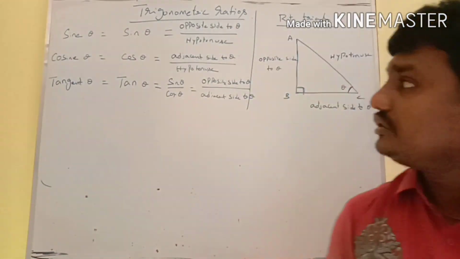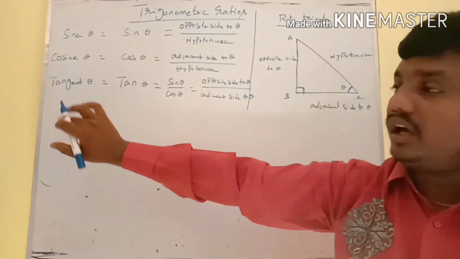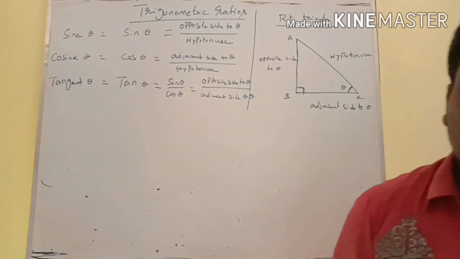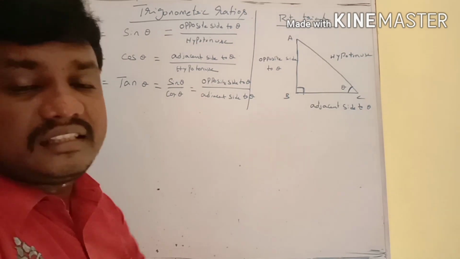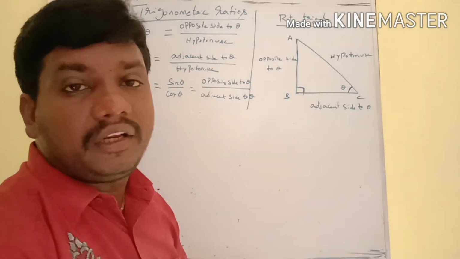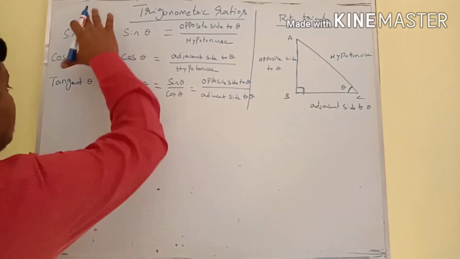These three ratios are called primary or basic trigonometric ratios. The remaining three are called reciprocal ratios of the basic ratios.